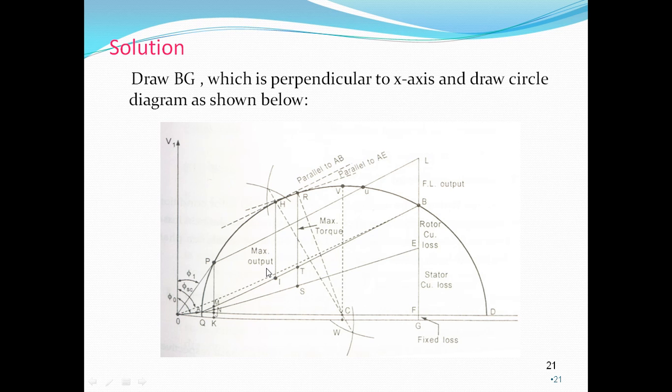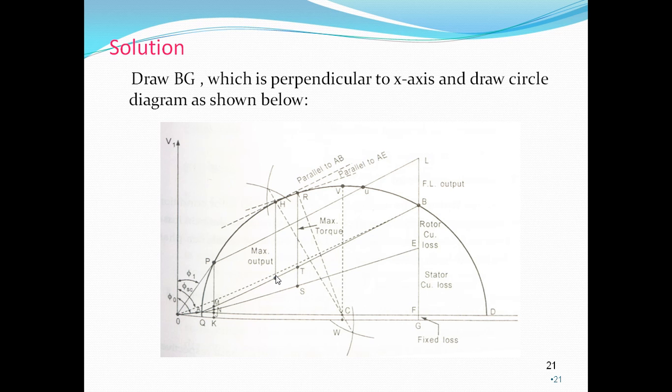Likewise, how will you get the maximum output? Which is the output line? AB is the output line. We have to draw a line parallel to this output line AB and tangent to the circle, which touches a point H. From H draw a vertical line which touches the point I. So HI represents maximum output.